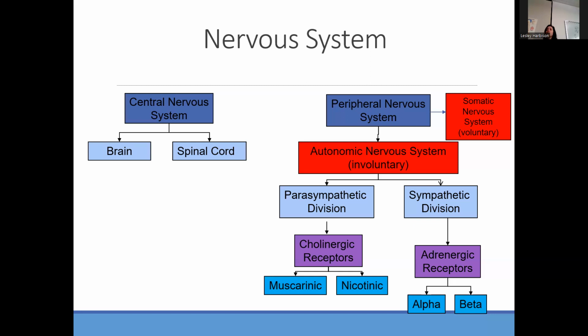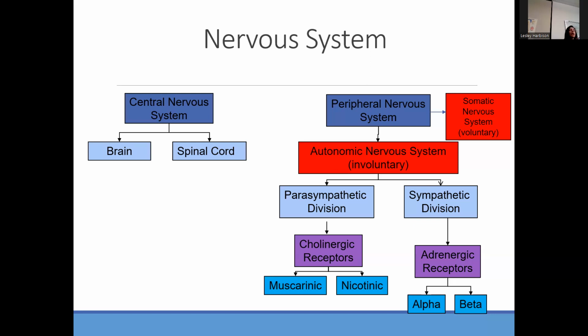The autonomic nervous system branches into two sections. We have the parasympathetic division and the sympathetic division. That's where we really get into what we're going to talk about. We're going to revisit these, but the parasympathetic receptors are all cholinergic receptors.